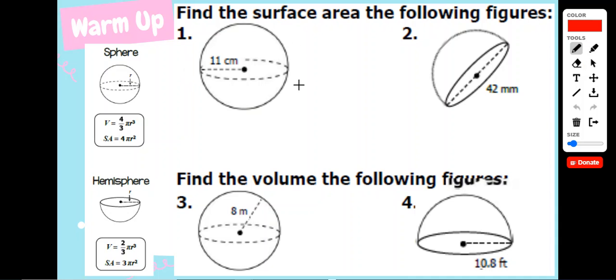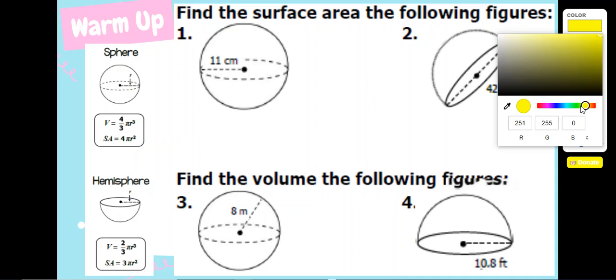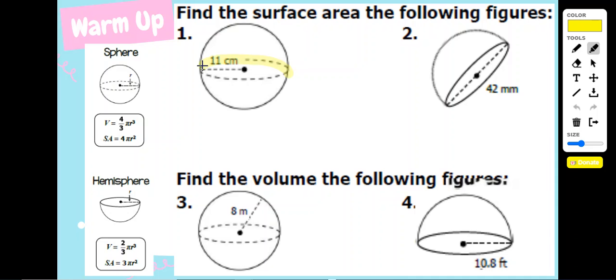So you'll notice it has the formulas for a sphere available on your formula sheet, but it doesn't have the formulas for a hemisphere. Okay, so you need to remember the relationships between a sphere and a hemisphere. Important thing to note is that this portion, which is like the coin you would spin to create a sphere, is called the great circle.